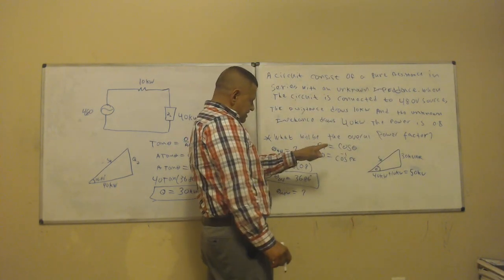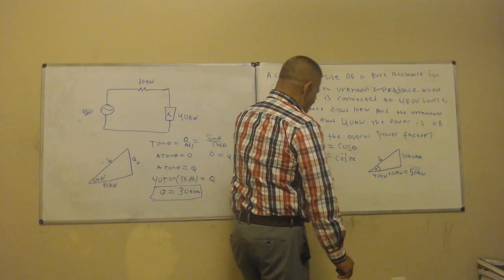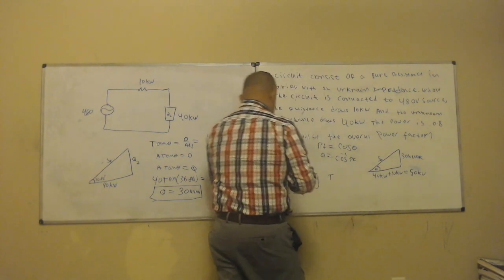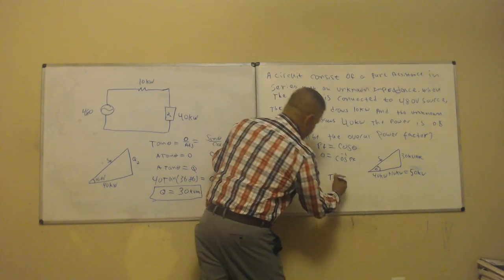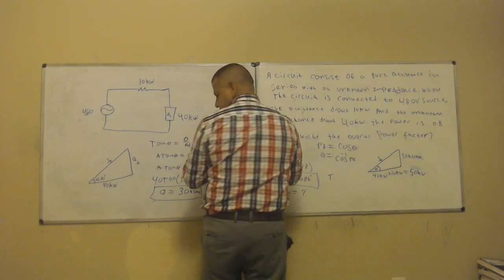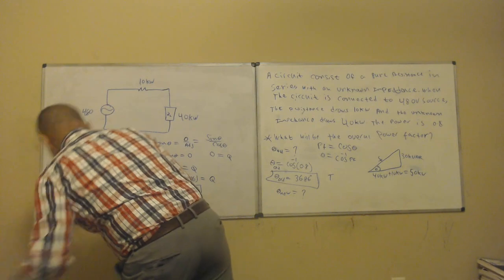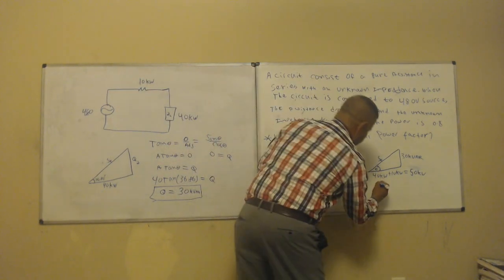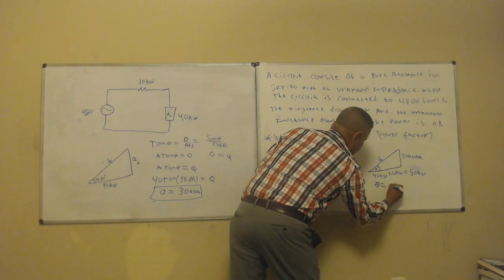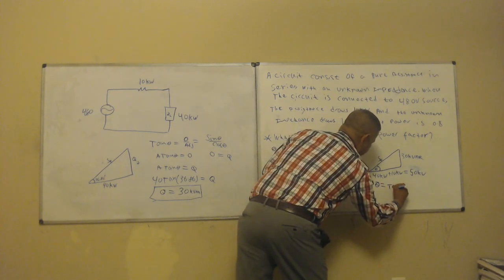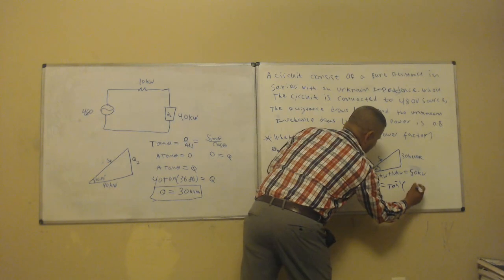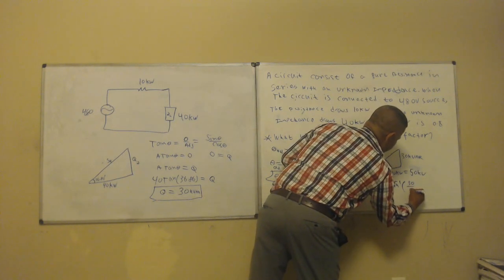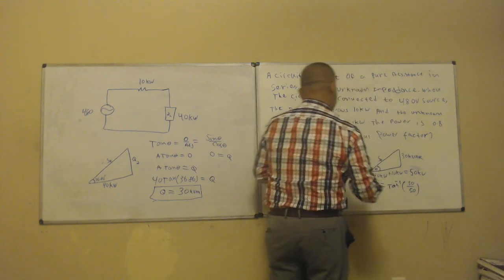Now, having that, I can say that theta is equal to tangent inverse of 30 over 50, right?